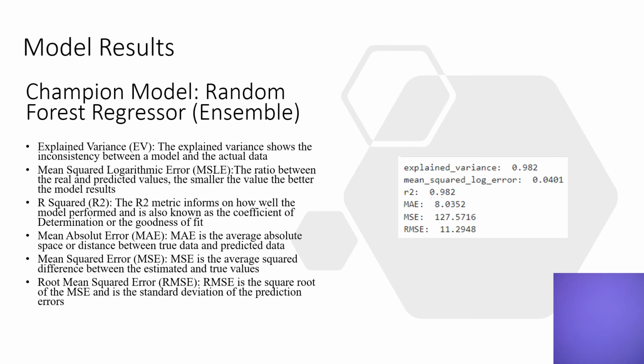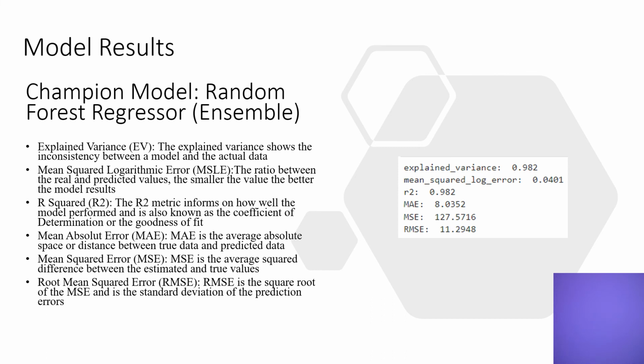The R-squared metric informs on how well the model performed and is also known as the coefficient of determination or the goodness of fit. The closer the R-squared value is to 1, the better the regression of the model is. The MAE is an average absolute space or distance between the true data and predicted data. And the MSE is the average squared difference between the estimated and true values.